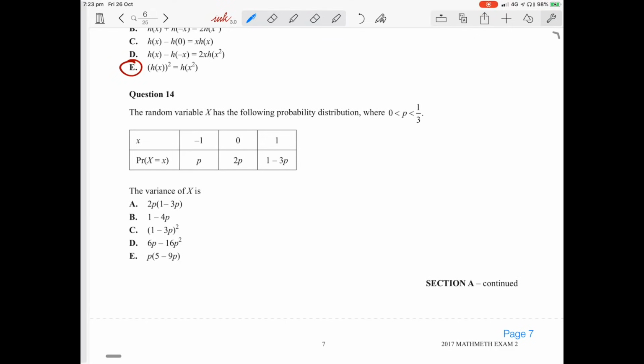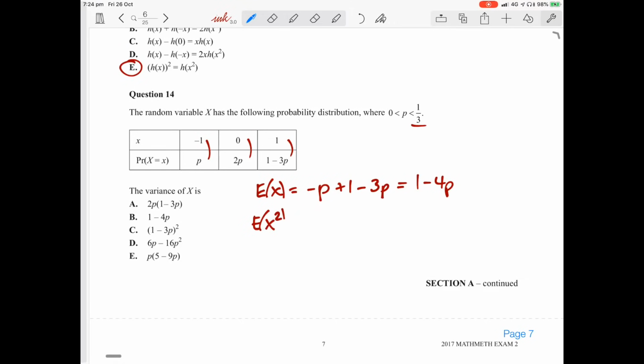Okay, the variance of x, p is between 1 and 3. Okay, that's just for this sake because it can't be negative. Okay, so E of x is negative p, that times that, nothing times 0. Then I'm going to get plus 1 minus 3p, so it's 1 minus 4p.